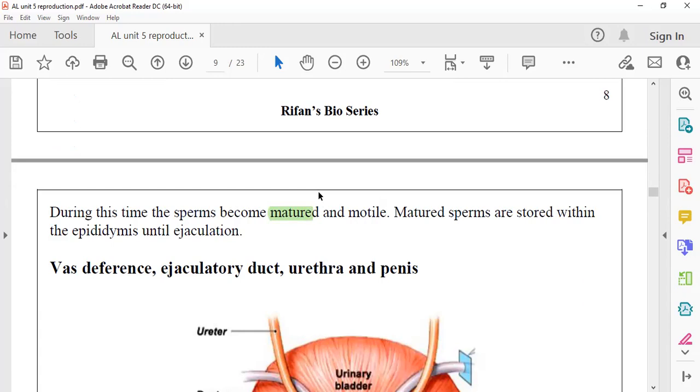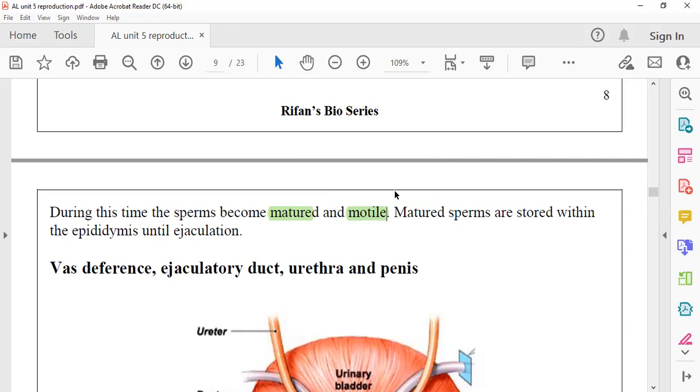Yes, sir. Further, the sperms reaching the epididymis from the seminiferous tubule are not mobile and cannot move. So within the epididymis, they are gaining their mobility, right?